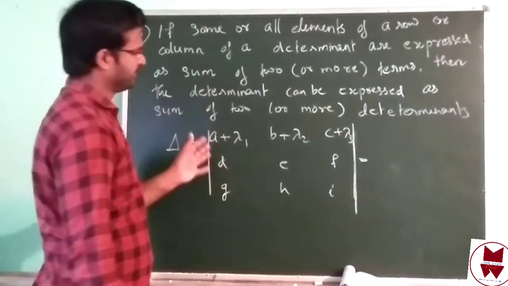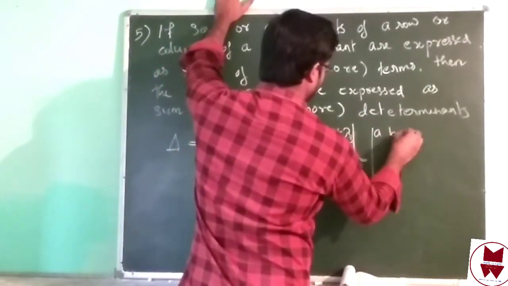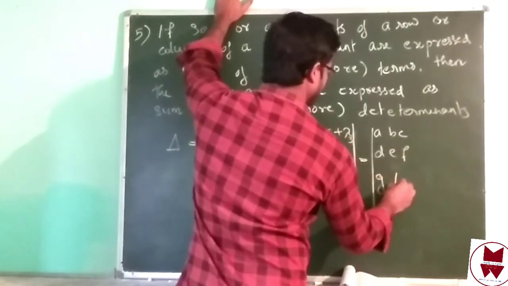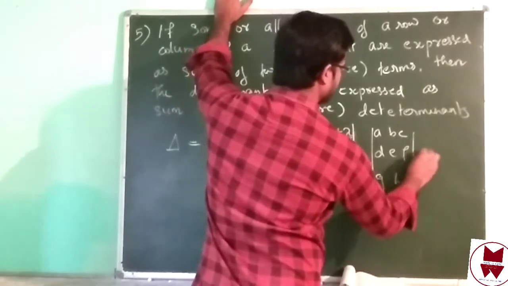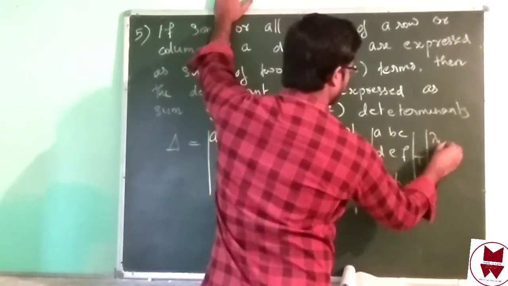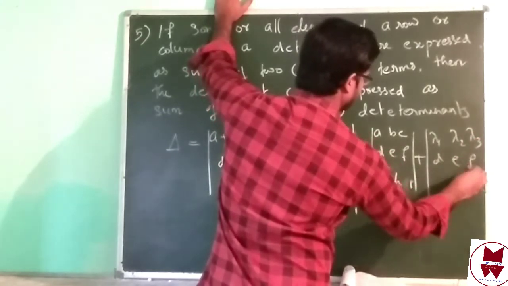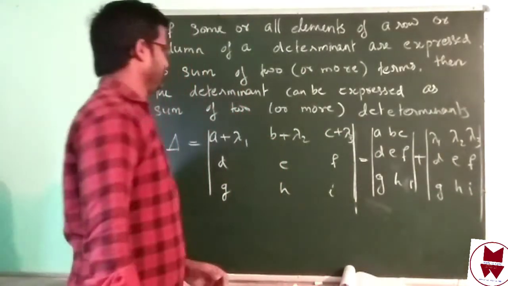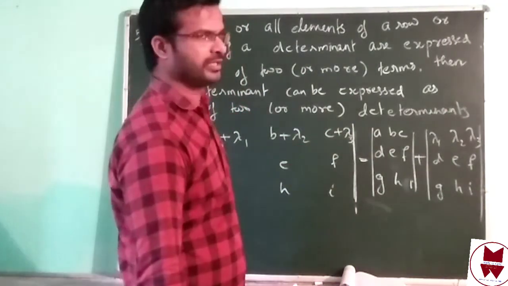We can split this determinant like A, B, C, D, E, F, G, H, I plus lambda 1, lambda 2, lambda 3, D, E, F, G, H, I.